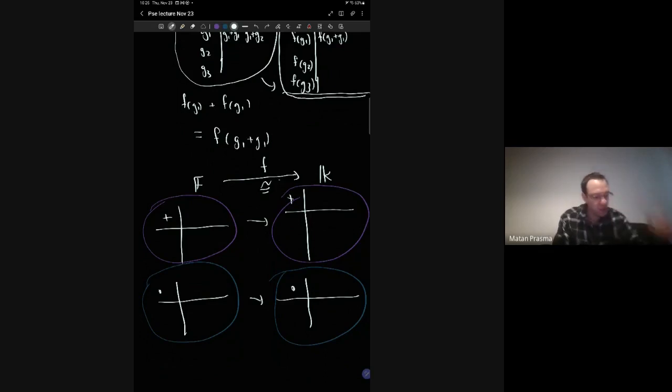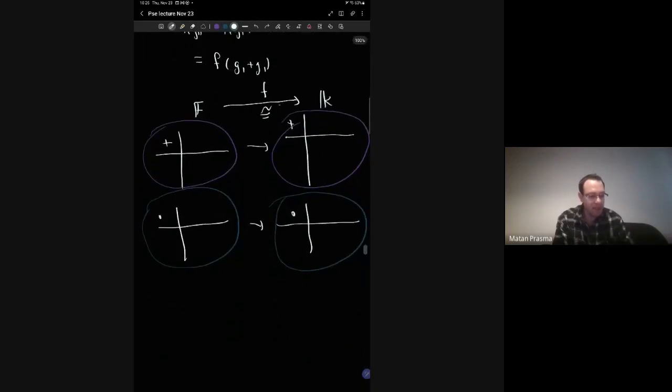And so of course, splitting fields also involve the notion of field isomorphism. And the deep reason is that a splitting field turns out to be a kind of field that is unique up to isomorphism of fields.